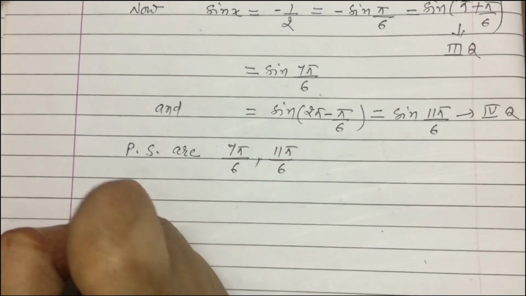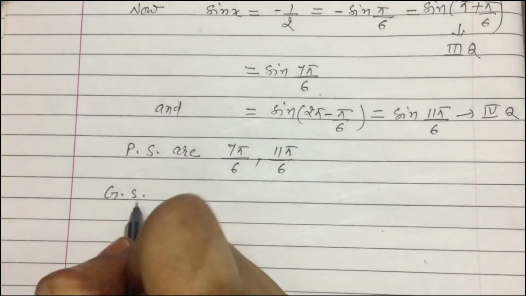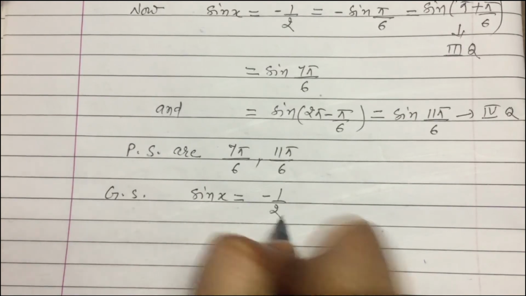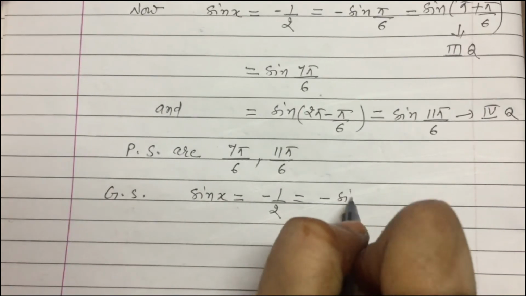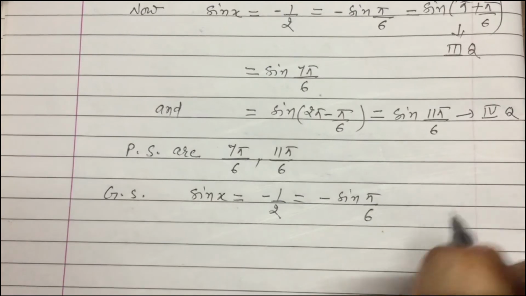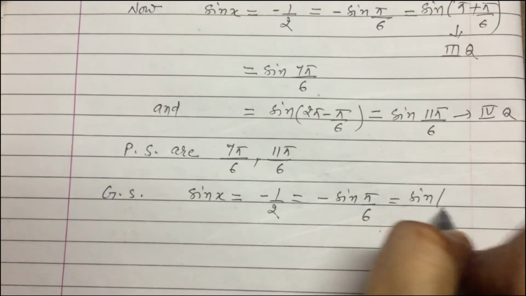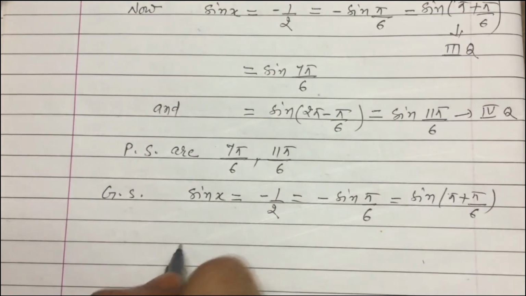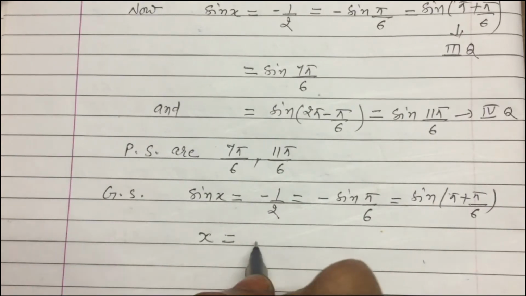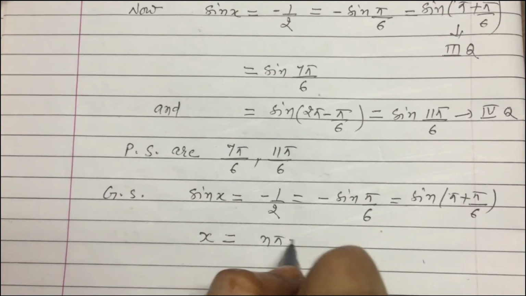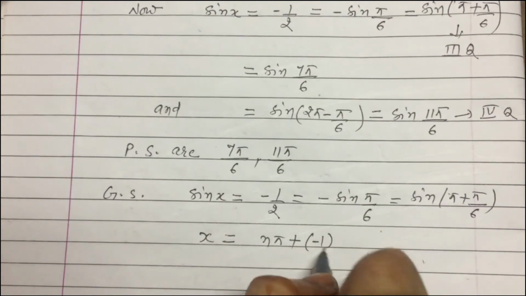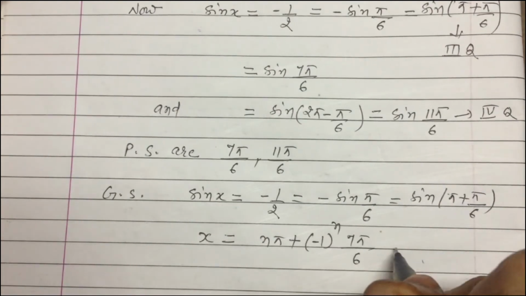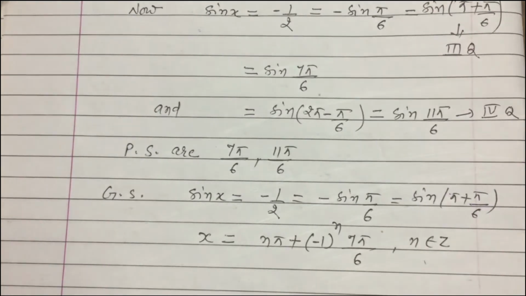Now for the general solution you have to write sin x is equal to minus 1 by 2. Again write the same step. It is minus sin pi by 6, it is sin of pi plus pi by 6. So x is equal to n pi plus minus 1 power n times 7 pi by 6, n belongs to Z.